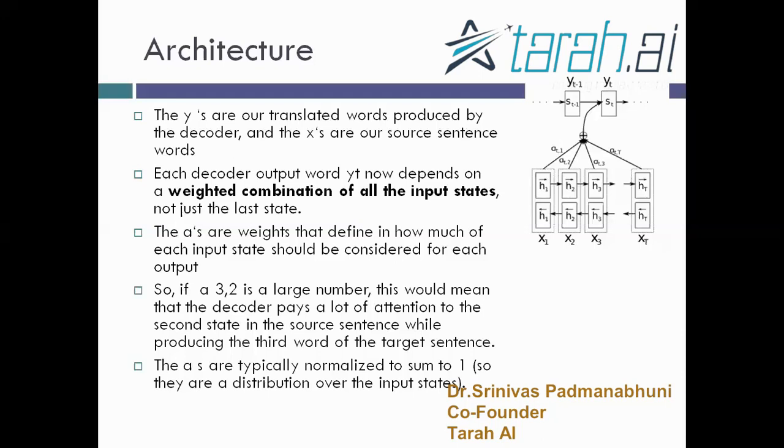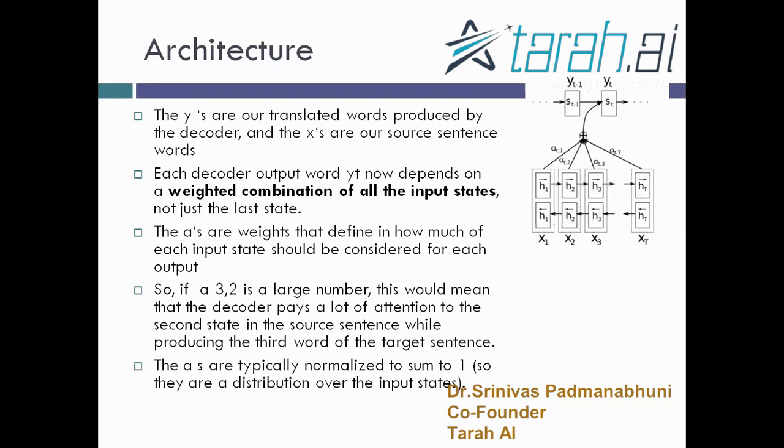So alphas are weights that define how much of each input state should be considered in deriving the y small t. For example, if alpha 32 is a large number, that means the decoder is paying a lot of attention to the second state in the source sentence while producing the third word of the target sentence.